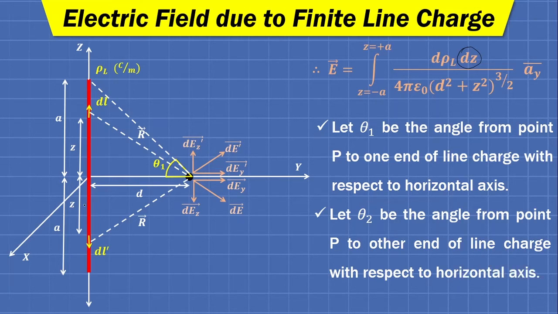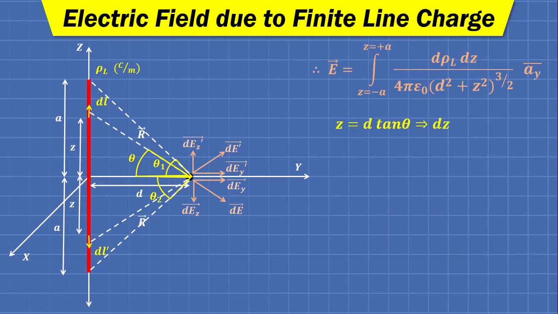So the lower end of the line charge is making an angle theta 2 with point P, and here point P is making an angle theta with our differential length. Fine. So we are going to use these angles as variable manipulators.